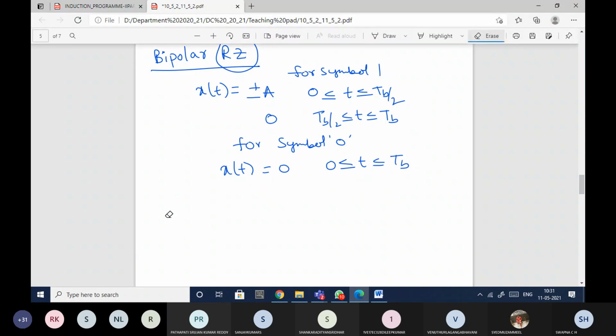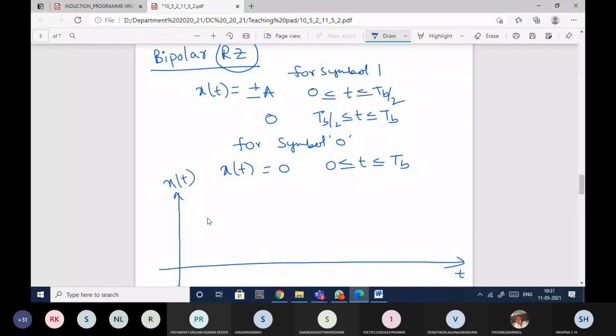Okay, so t, x of t. Again, I'll take some random data: 0, 1, 0, 1, 1, 0, 1.